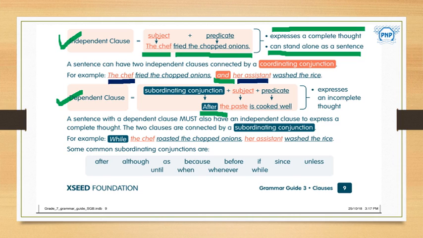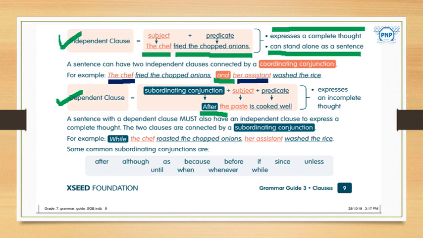Okay, so "after the pasta is cooked well" means this particular sentence is dependent on another sentence for its complete meaning. It expresses an incomplete thought. Why? The pasta is cooked well. Okay, but what is next?